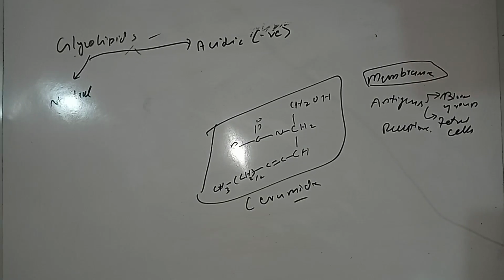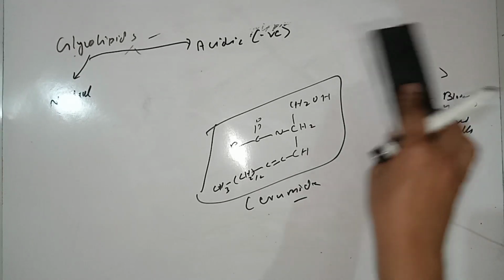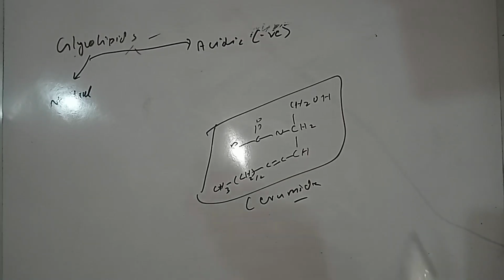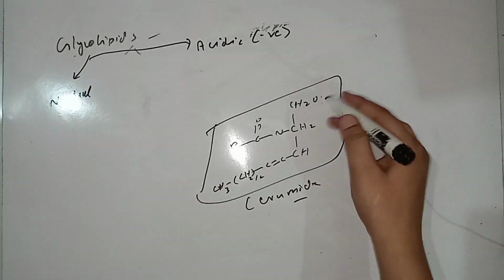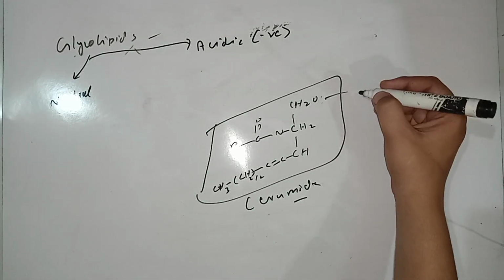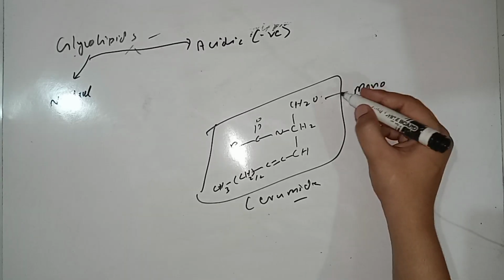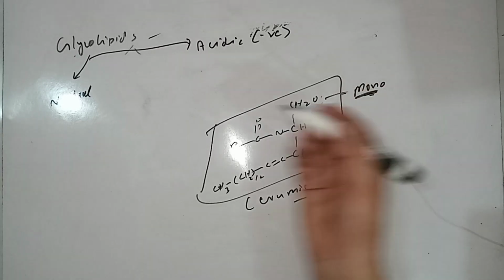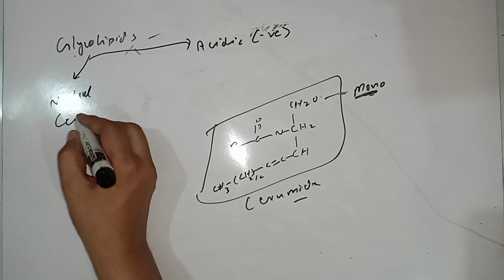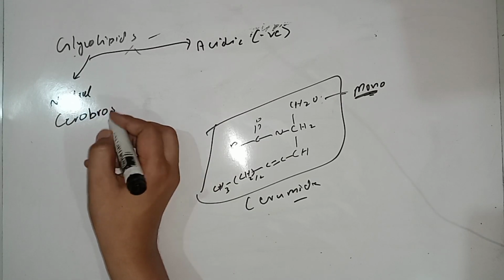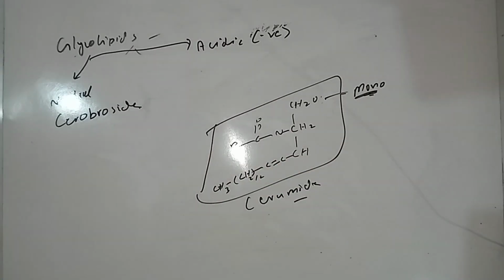In the neutral glycosphingolipids, the ceramide, which is the backbone of glycosphingolipid, is attached by a glycosidic bond to some monosaccharide. If it is attached to a monosaccharide, the structure formed is called cerebroside.